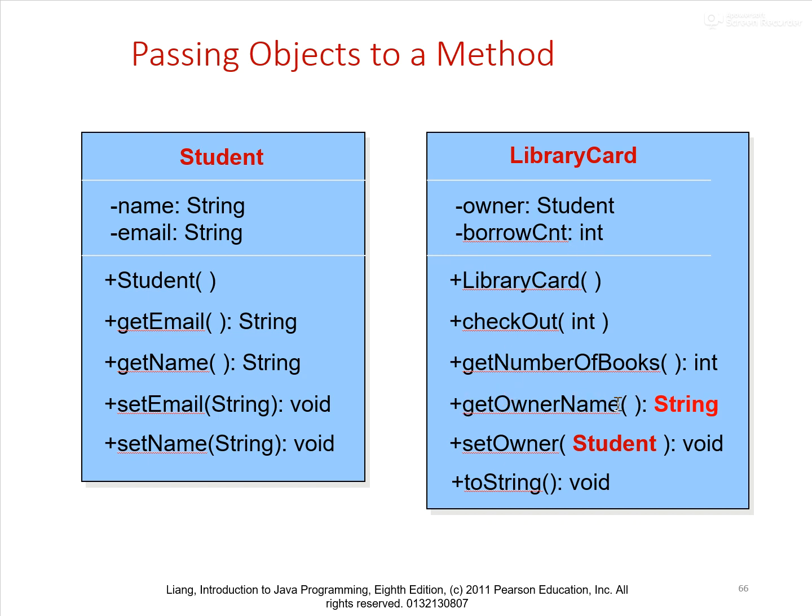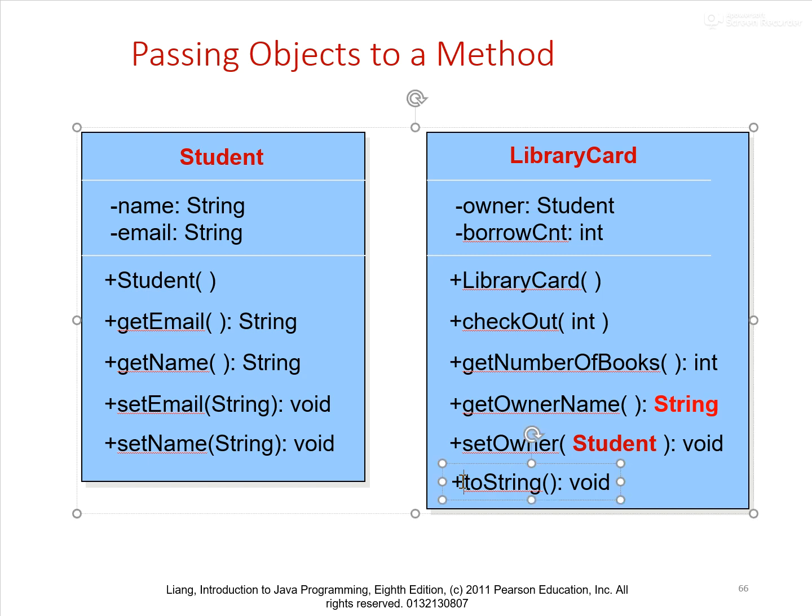Get owner name returns a string, and that string is going to be the name of the student that owns this library account. Set owner is a method that allows you to pass a new student object and basically change the owner on an account at that library.